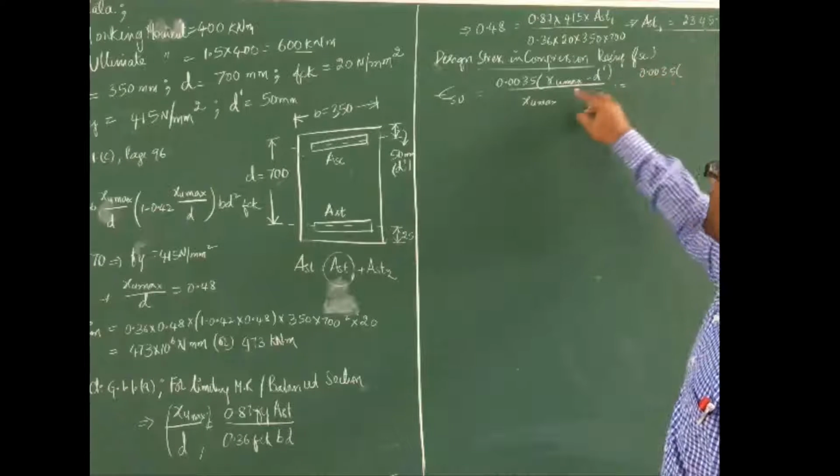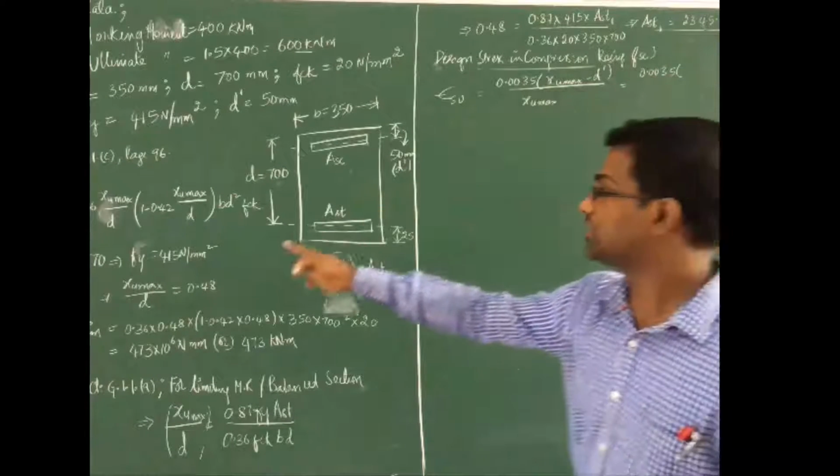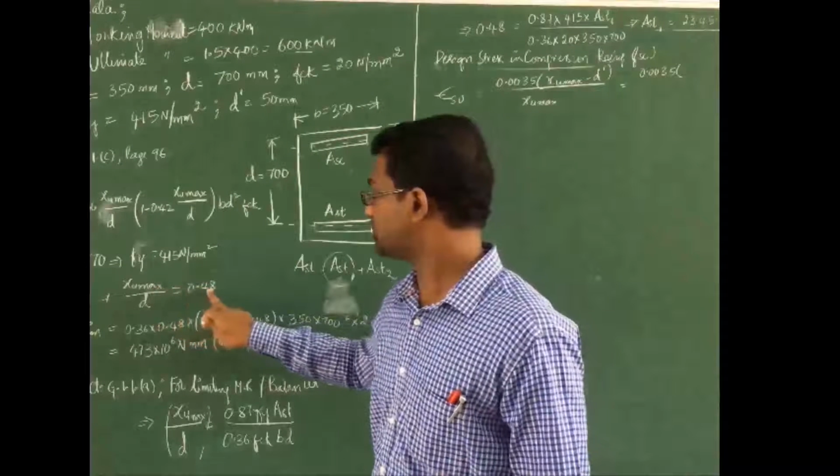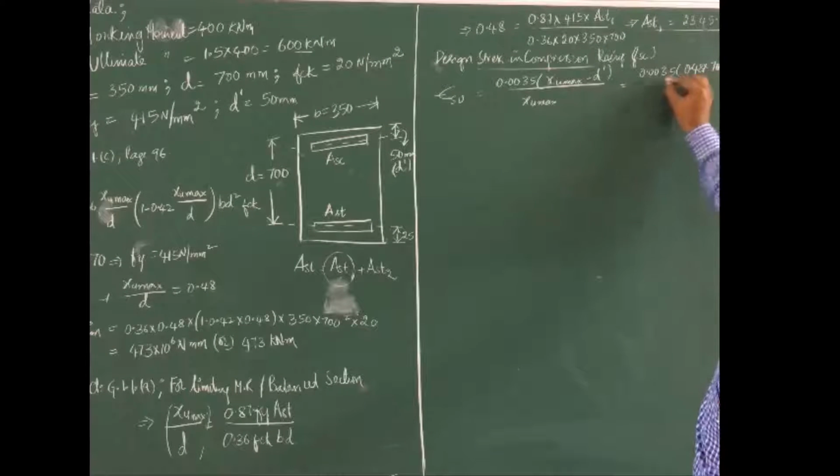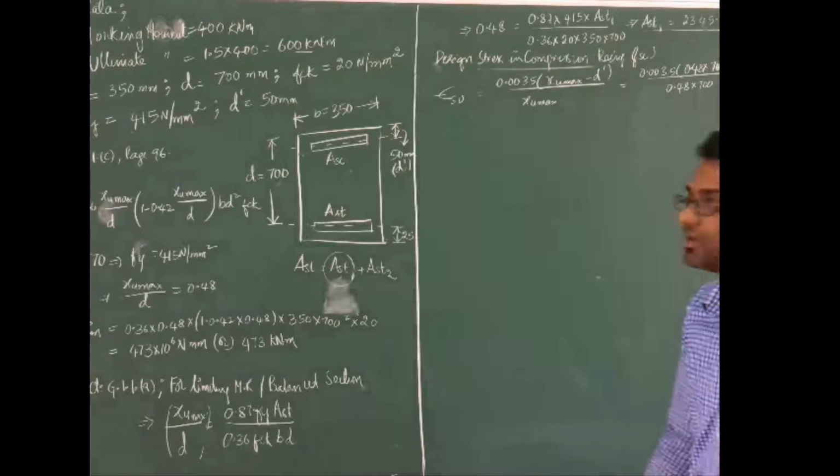So 0.0035 times, XU max is 0.48 D, so 0.48 times 700, minus D dash, which is 50, divided by XU max, 0.48 into 700. This will give you a value of 0.0029, which can approximately be taken as 0.003 strain.